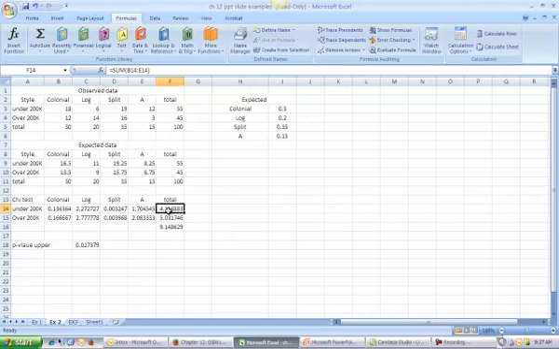Now the way I did this, I summed across my rows for each, and then I just added those two summations. You could, of course, sum down each of your columns and then add them here. Whichever way you want to do it, you will come up with the same number. This number is your chi-square statistic.